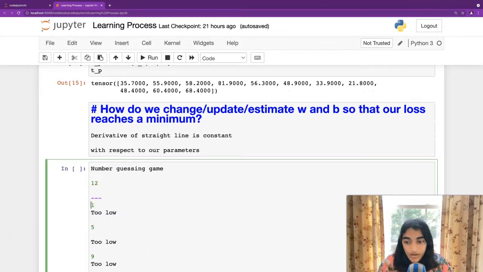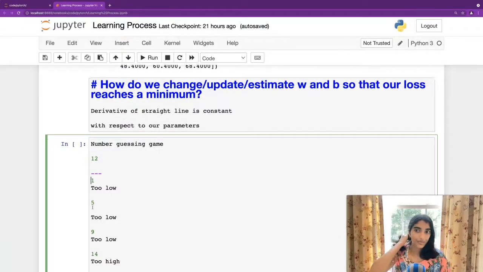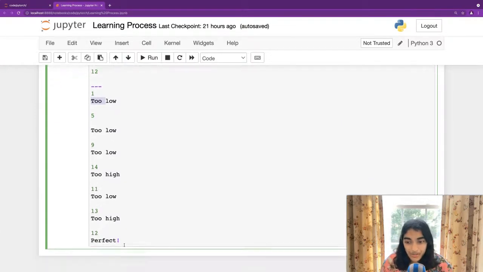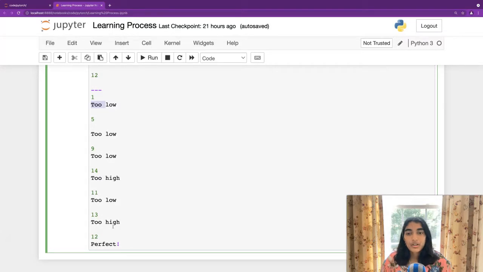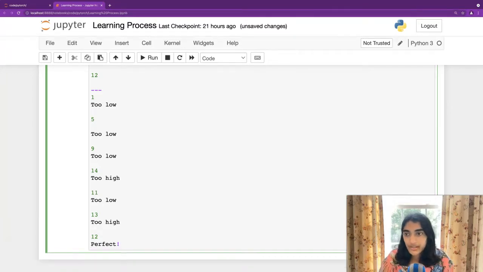The model figures out, based on the actual answer, is this too low? Is this too high? We're testing out different values for our W and B. Let me put that in bold here.